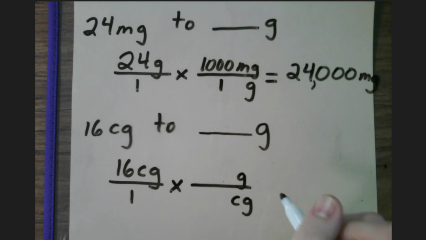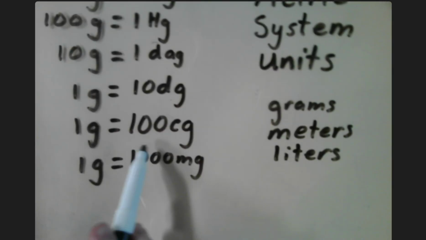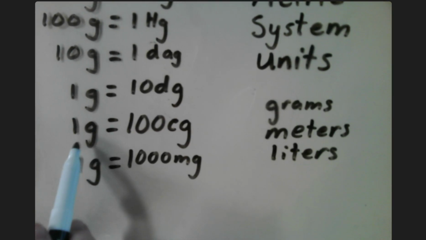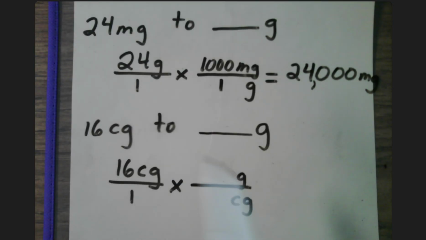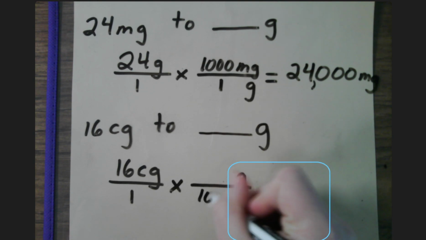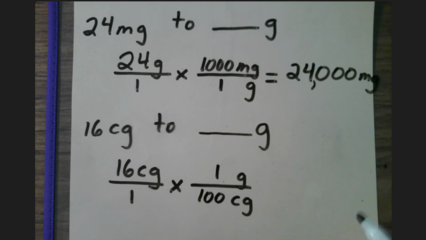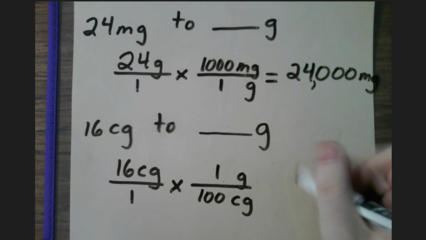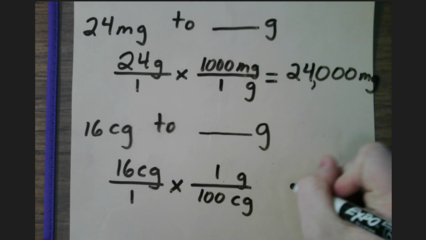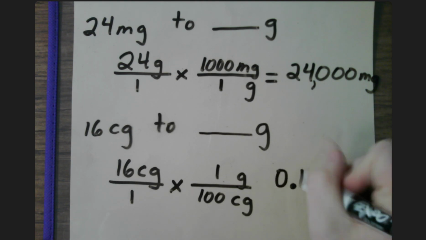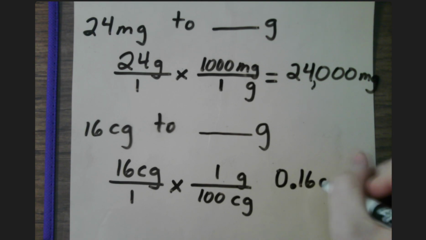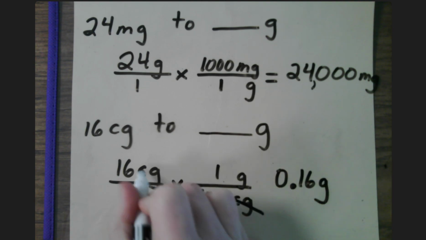Let's look at our unit conversion over here. 100 centigrams in 1 gram. So let's plug that in, 100 to 1. That's going to be 0.16 grams, because these cancel out.